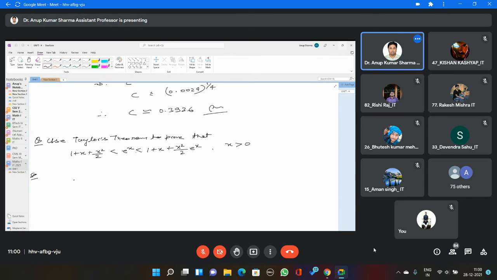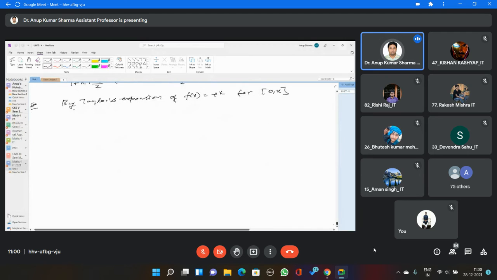Otherwise it is possible to use other points, which would give you x minus a, x minus b. So now we can write by Taylor's expansion of the function f(x) for the interval 0 to x.